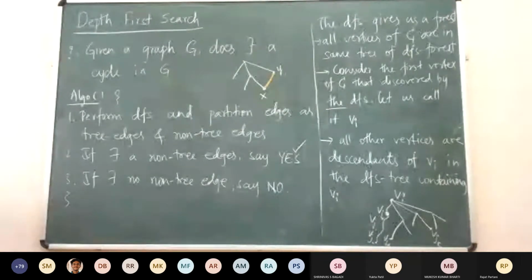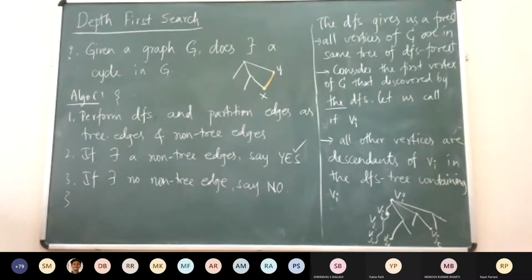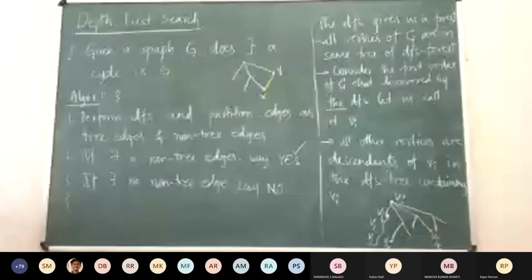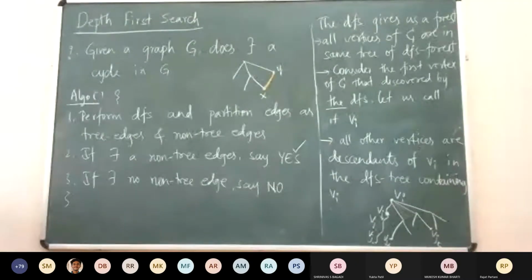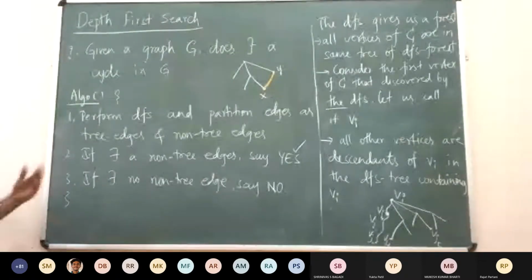In this tree, you take the path from U to V, and the edge UV will give you another path. These two paths together will give you a cycle. That was easy.